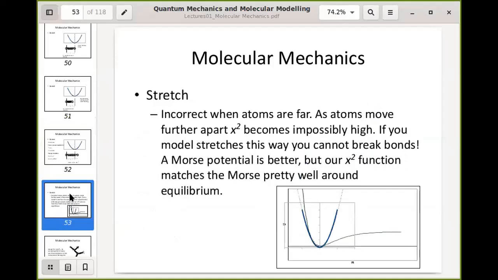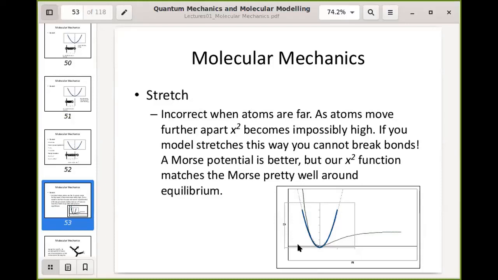In reality, if you try and stretch or compress bonds, it will follow this parabola very closely. You see there's a slight difference. This solid line up here is how atoms really behave. If you move them closer and closer together, at some point they will exceed that quadratic potential energy surface. And so there is a problem that this function we have chosen doesn't perfectly match. But close to equilibrium, you can see they're very, very close together.